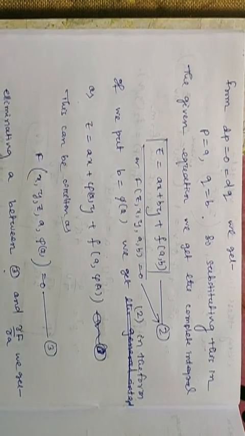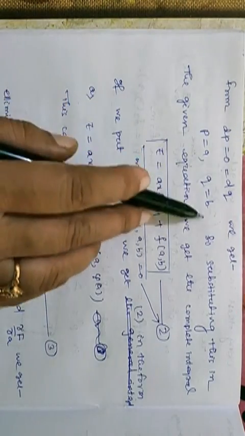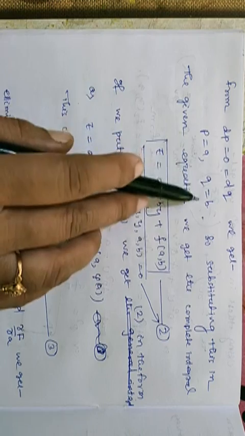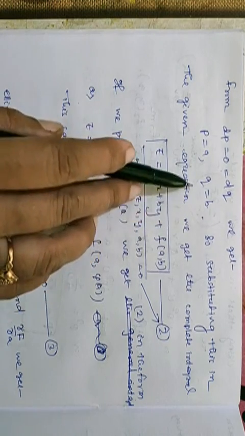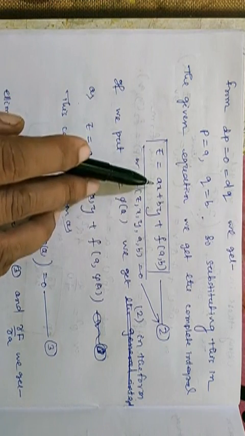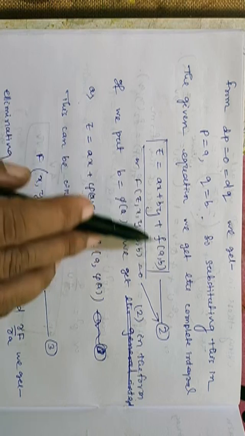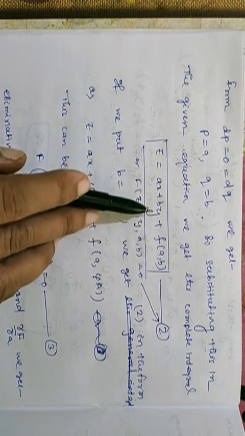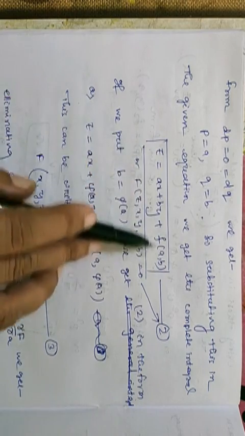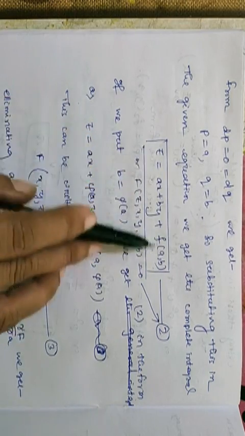So we can use p is equal to a and q is equal to b. Now because these two are constants, we can put them in the given equation, which is z is equal to px plus qy plus f(p,q). In place of p we write a, and in place of q we write b. So this is the complete integral.